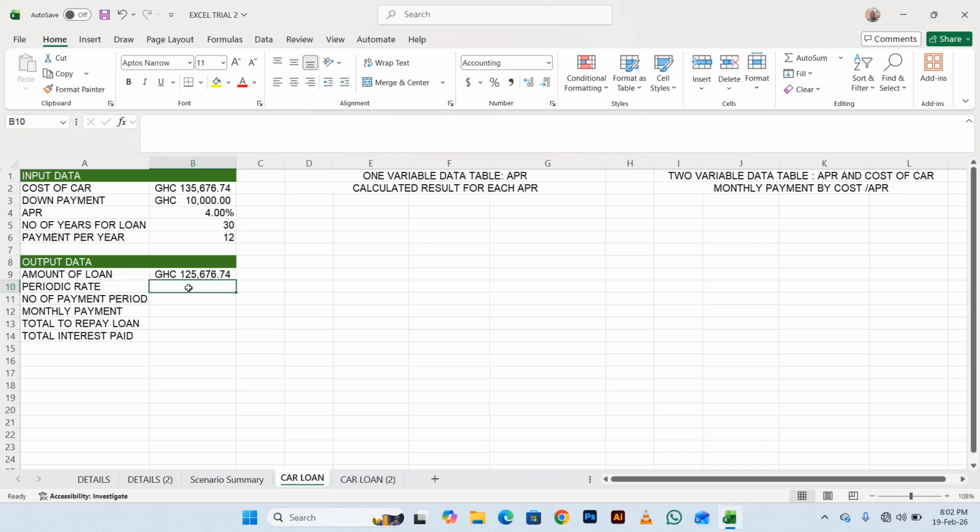So here, as we have already stated, if you are taking any cell that is not relative, you have to lock them fully. So take note of that. But here, the periodic rate, we may not lock it. Why? Because we are not going to drag it anywhere.